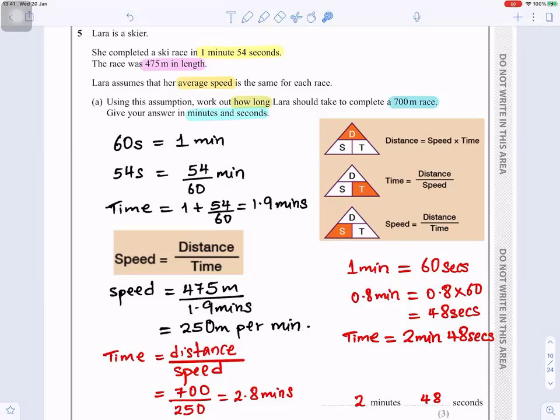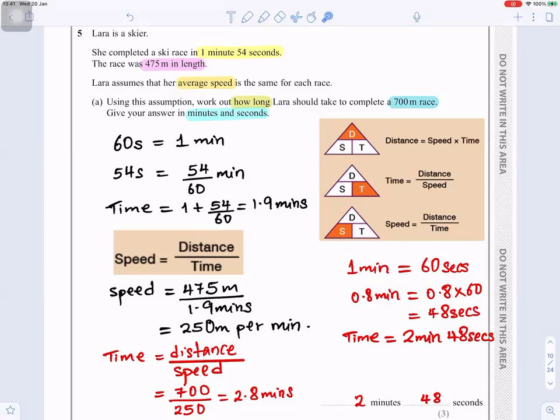Give your answer in minutes and seconds. With this type of question, I highlight all those numbers so that you can easily see them when you're doing the question. Now we need to work out her speed in meters per minute. And then after that, we work out the time to complete a 700-meter race using that same speed.